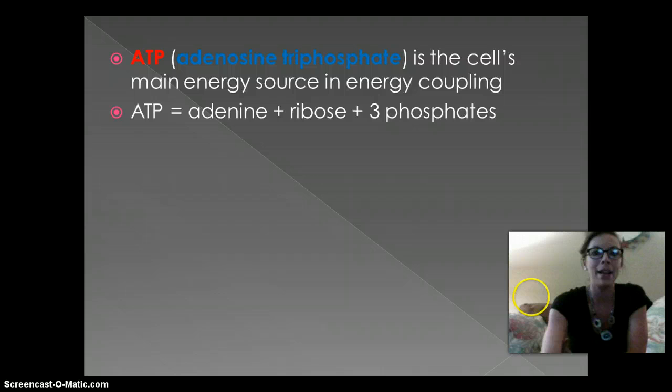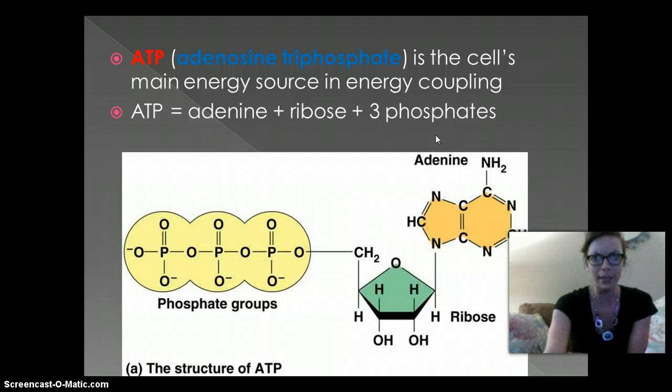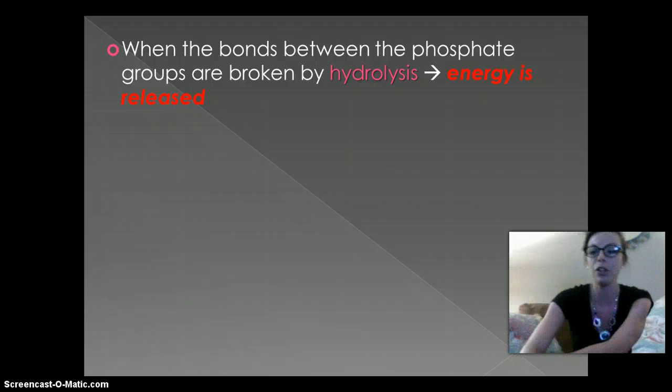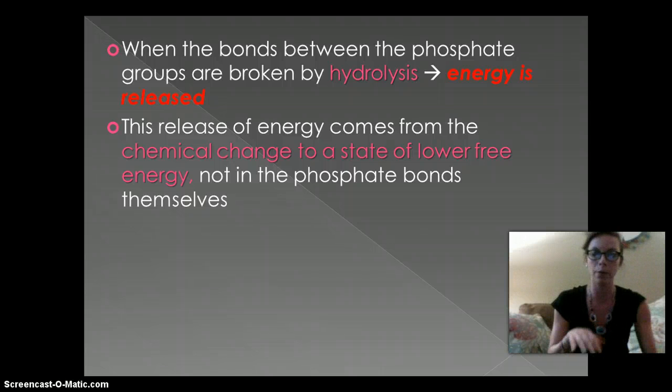ATP is adenine, ribose, which you should remember from RNA, and 3 phosphates attached, so 3 phosphate groups. So this is the structure here. When bonds are broken between the phosphate groups through hydrolysis, energy is going to be released. And the release of the energy comes from the chemical change, to a state of lower free energy, and not from the actual phosphate bonds themselves.